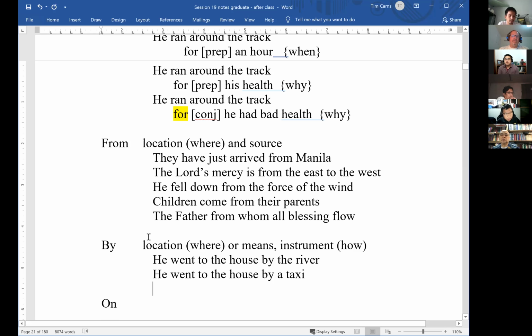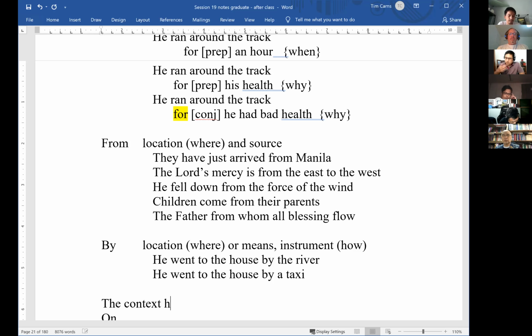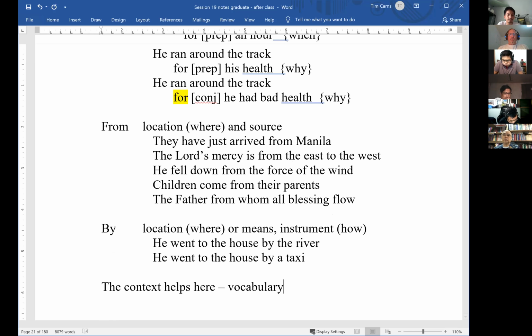These prepositions, you can have the same word have two very different ideas. And notice here, the context helps, really knowing your vocabulary, because we know a river is not a way to get to the house unless the house is on a river.